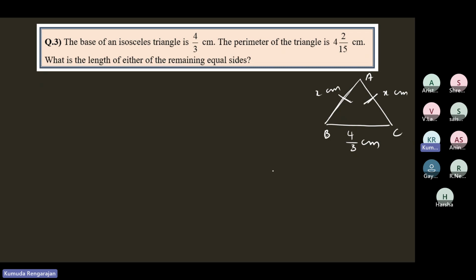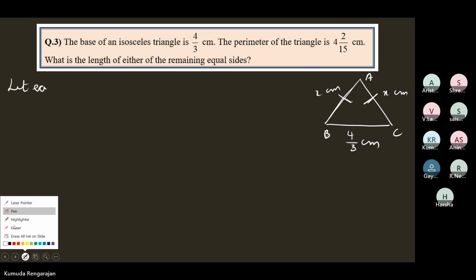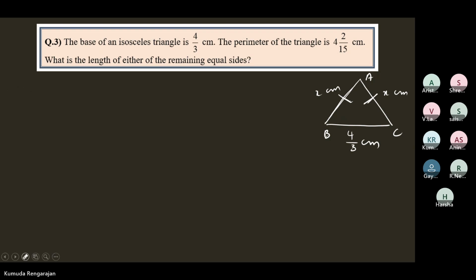The base is given to be 4 by 3 centimeters. So let each of the... start writing, children.